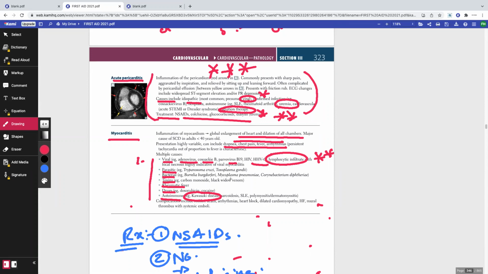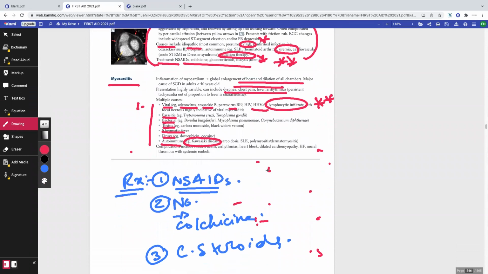Okay, very good. We'll talk about this in details in the future, in rheumatology. So that's that. Next one is sarcoidosis, SLE, polymyositis, and dermatomyositis can also cause myocarditis. Are we clear?